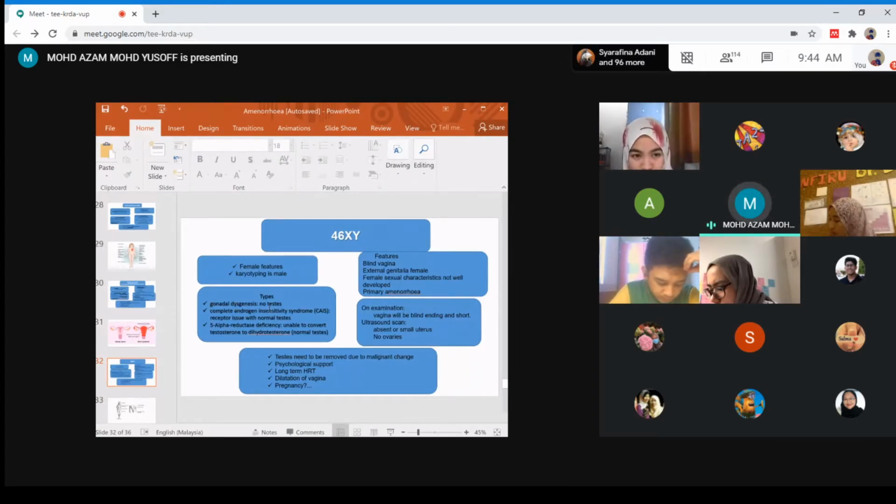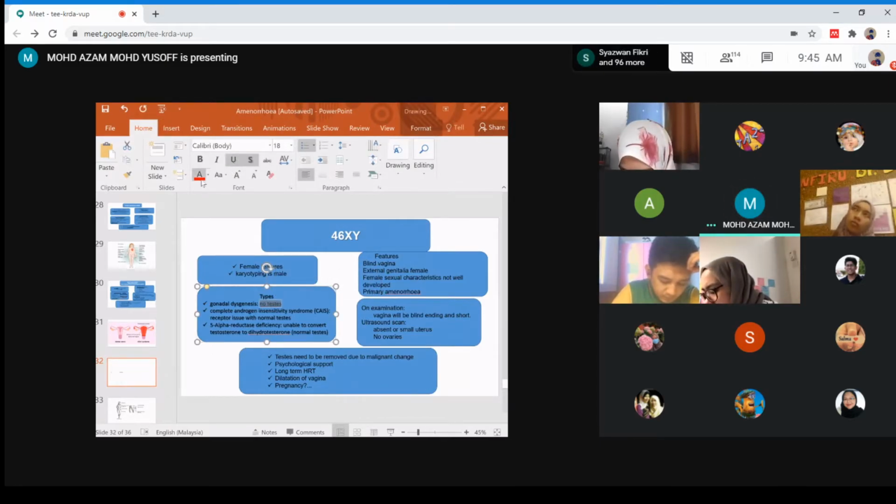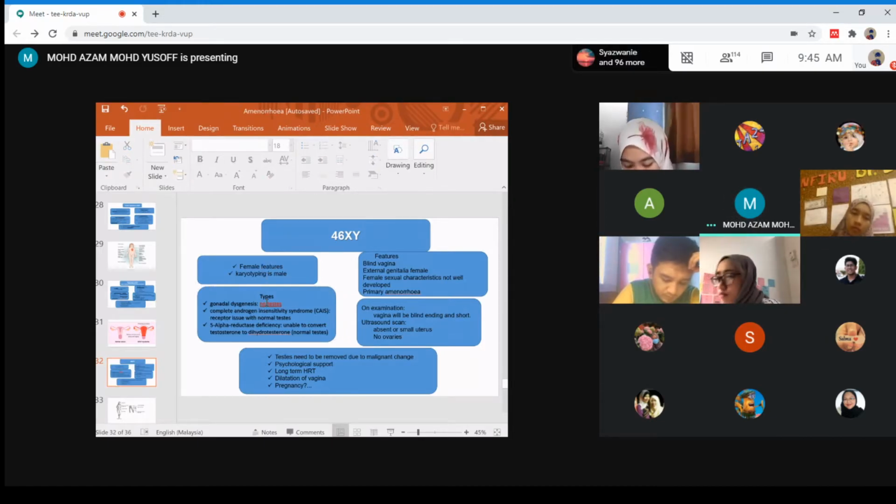Number one is somehow the testis regressed during fetal development. They call it gonadal dysgenesis. 46XY gonadal dysgenesis means that they initially have testes, and after that they regress.